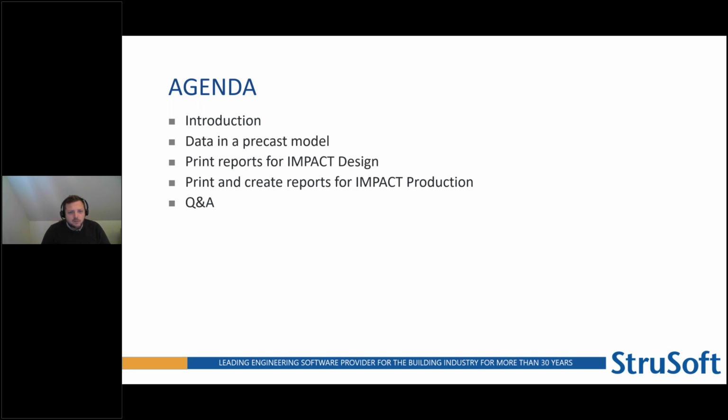Then we have two main categories of reports and labels in Impact. One is for design and one is for production. We're going to cover both, and for the production reports, we're actually going to create a label and a report so that you have the possibility to see how to do it from scratch. And then we end with the Q&A that I promised before.